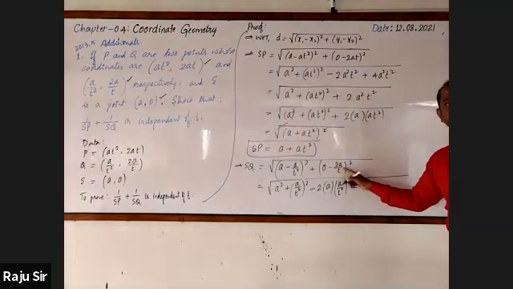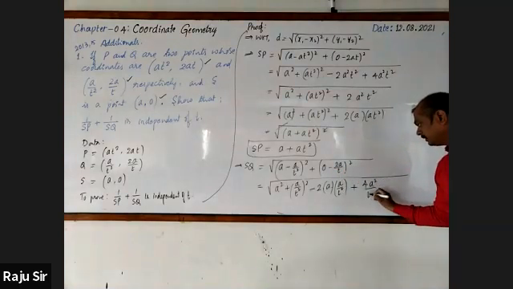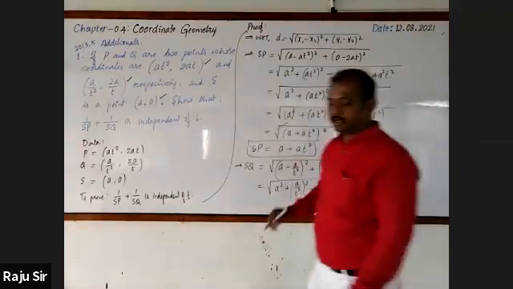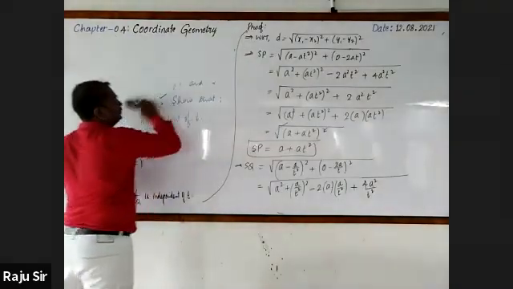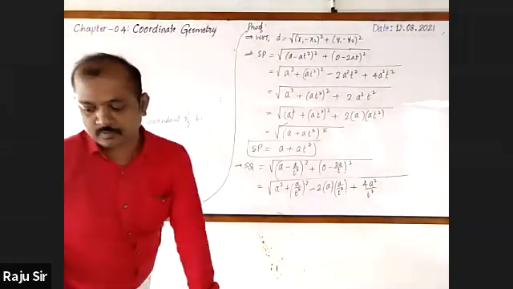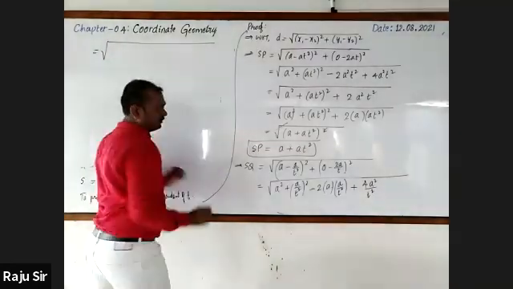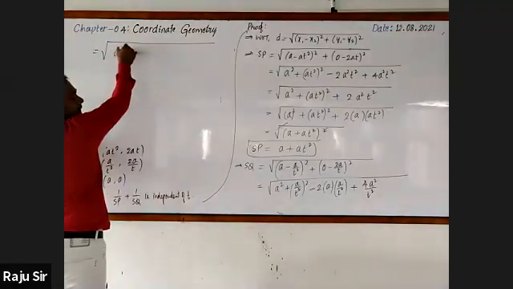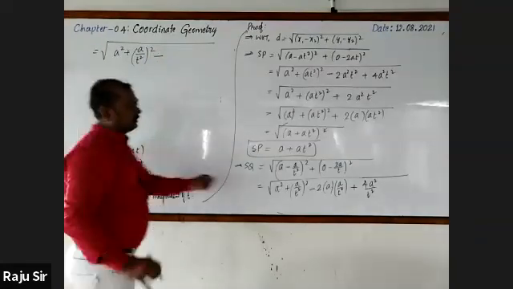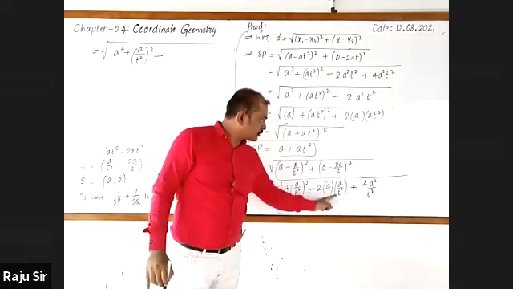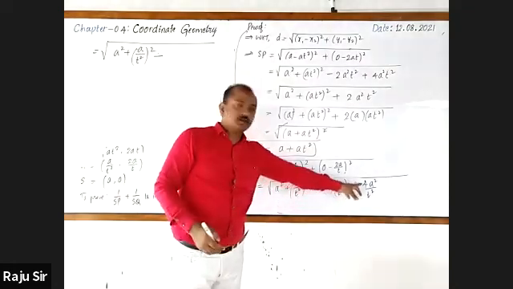This is 0 minus 2a by t, (minus 2a by t) whole square, 4a² by t².